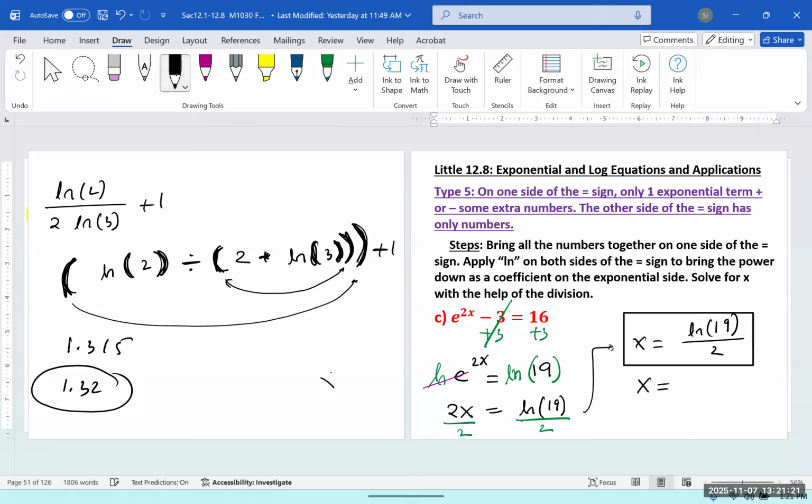Just like if you have x squared and take the square root, they cancel one another. Same thing, e and ln are inverses of one another, so they cancel each other.